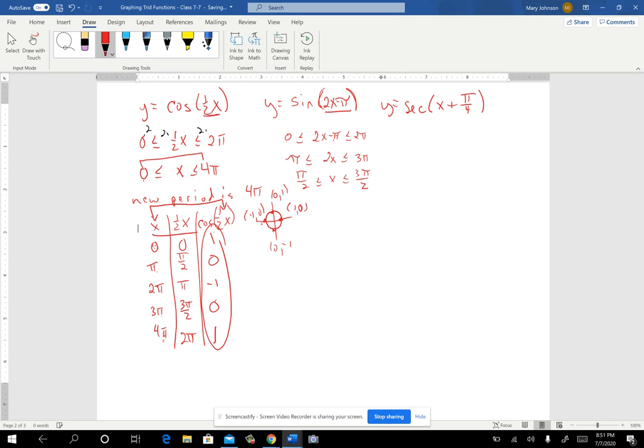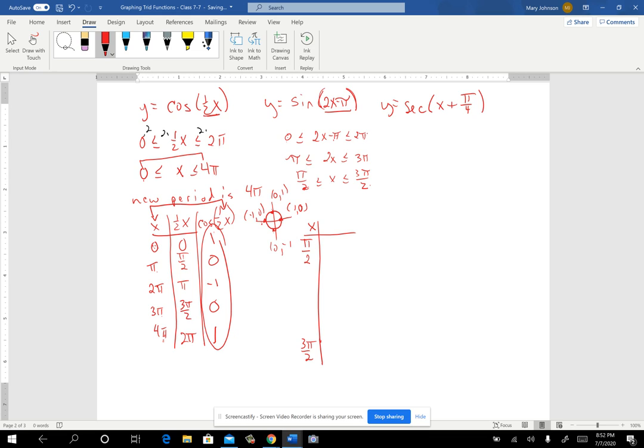Okay, so your new starting point is pi over 2. It used to be 0. Your new ending point is 3 pi over 2. So your x value, for your 5 key points, would start with pi over 2 and end with 3 pi over 2.